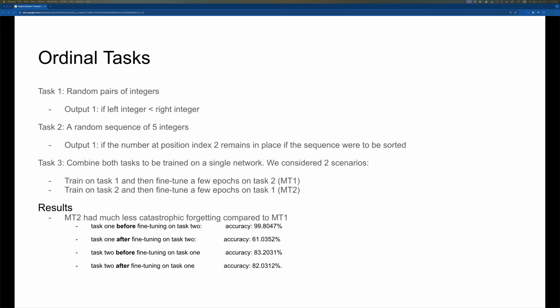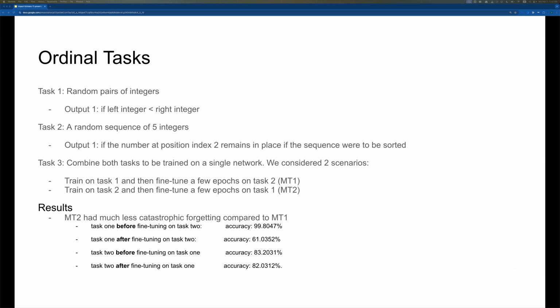So it has to do sort of an implicit sort. Task 3 combines task 1 and task 2, and we consider two different scenarios. First, which I'll call MT1, we train on task 1 first, and then fine-tune for a few epochs on task 2. Then similarly, we reverse that, and I'll call that MT2. We train on task 2 first, and then fine-tune for a few epochs on task 1.